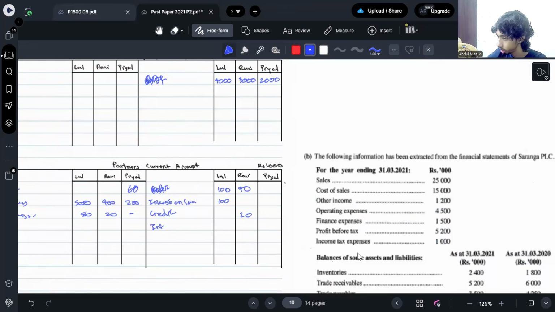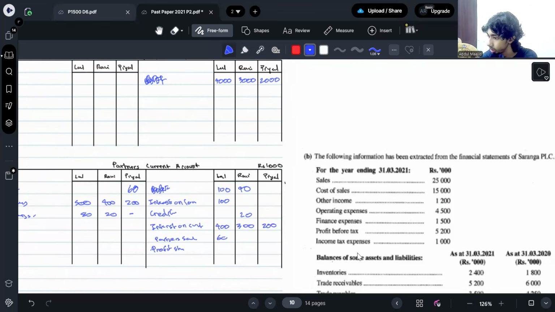So interest on capital, partner's salary, and profit share. So interest on capital, that will be 400, 300, 200.